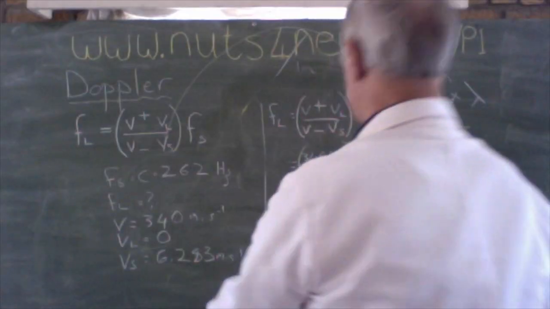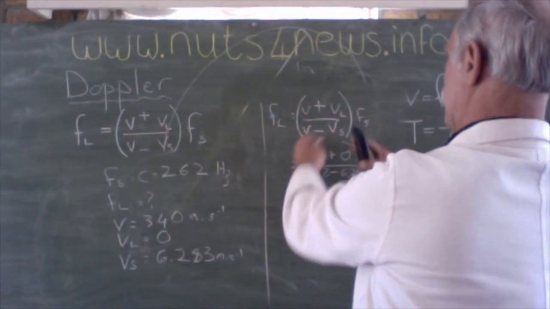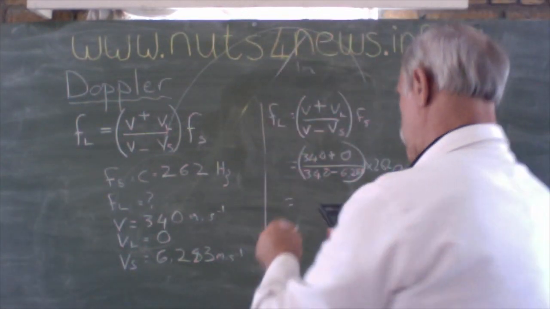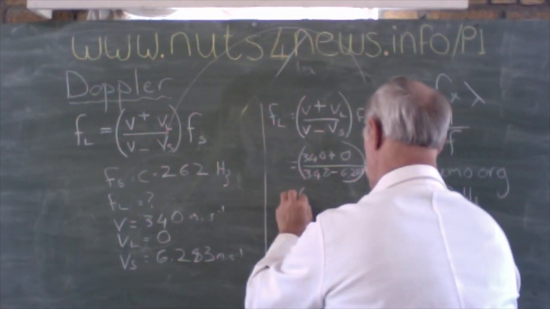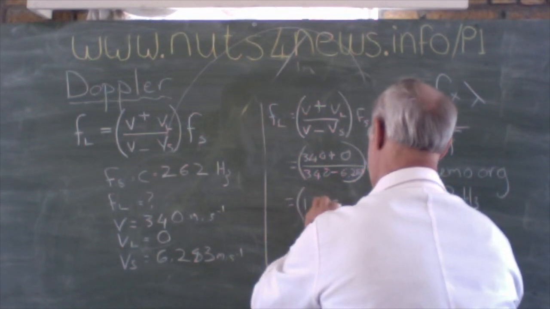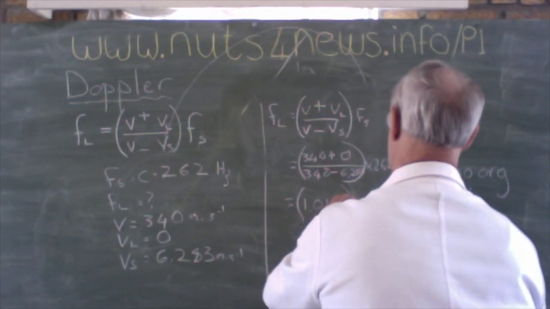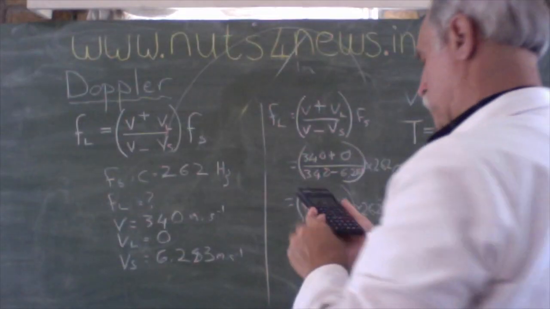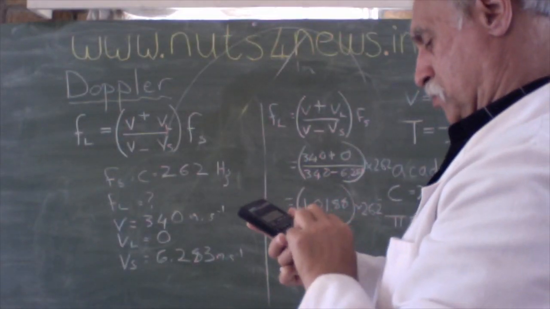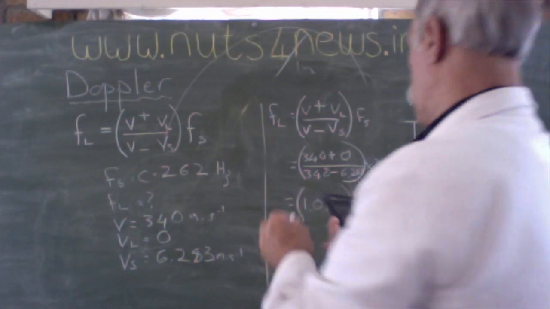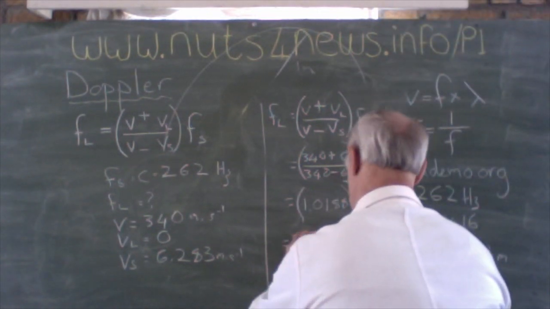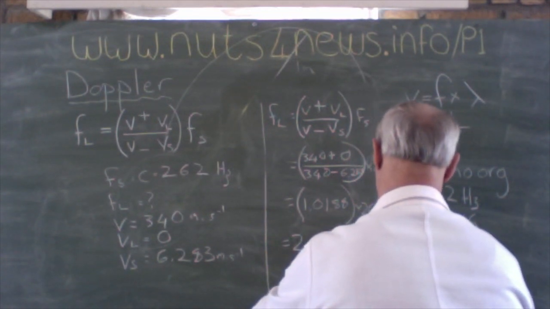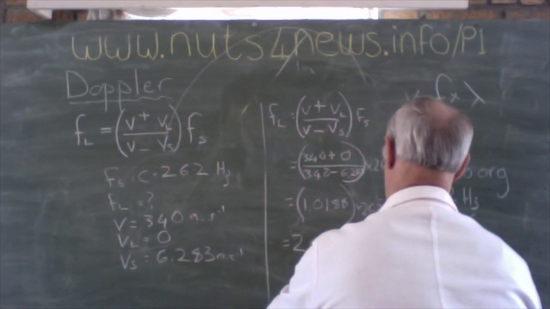So it's important when we teach this to tell that this is just a little thing that fractions it up or down. So inside these brackets we've got 1,0188 times 262, and that gives us 266,93 hertz.